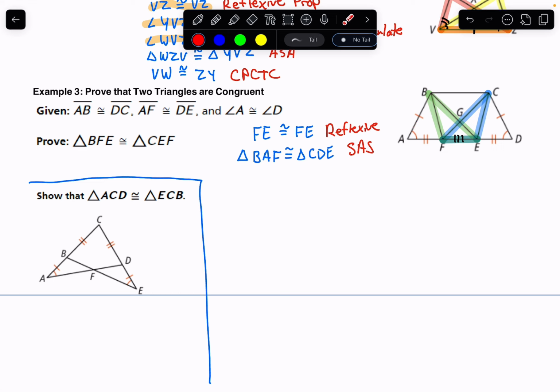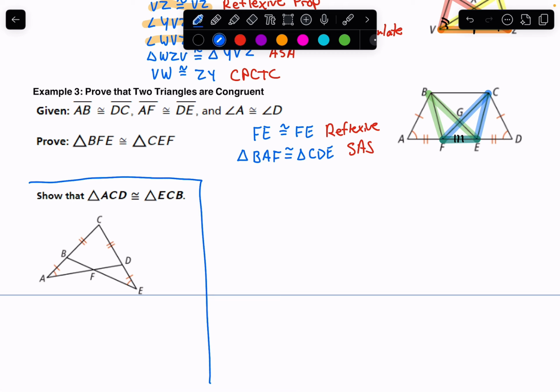And each of those outside triangles includes one side of the triangles we're looking for. So BF is part of triangle BAF, and CE is part of triangle CDE. So we now know that BF and CE have to be the same. We'll go ahead and do that.